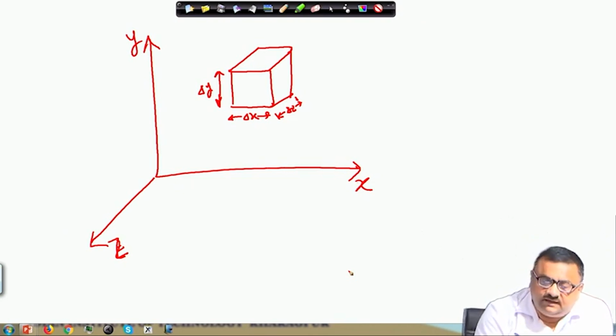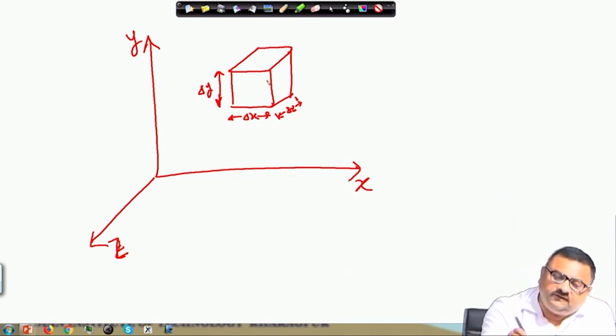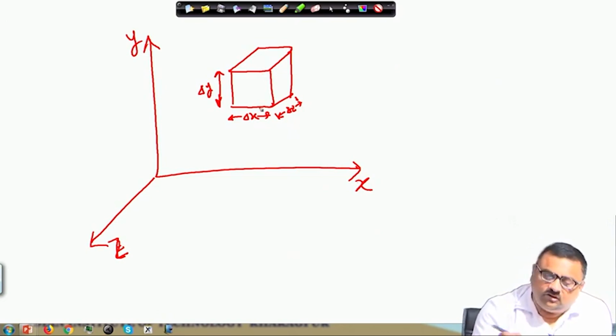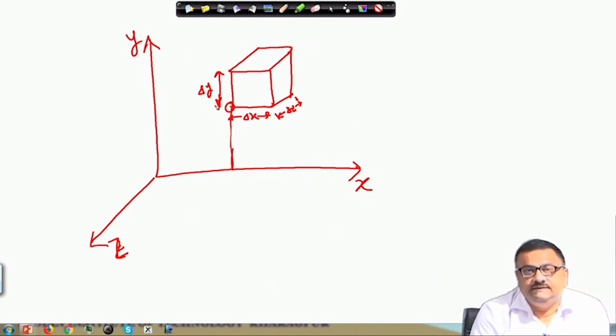Now, suppose I have a flow taking place, and let us say I have a velocity field at this location, at the center of this element, at x, y, z. This point refers to the x, y and z coordinate.